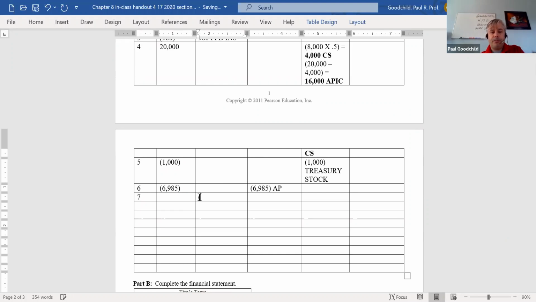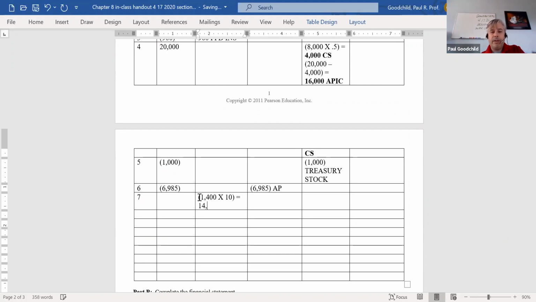So 1,400 times 10 equals 14,000 accounts receivable. Then we have 14,000 in revenue.